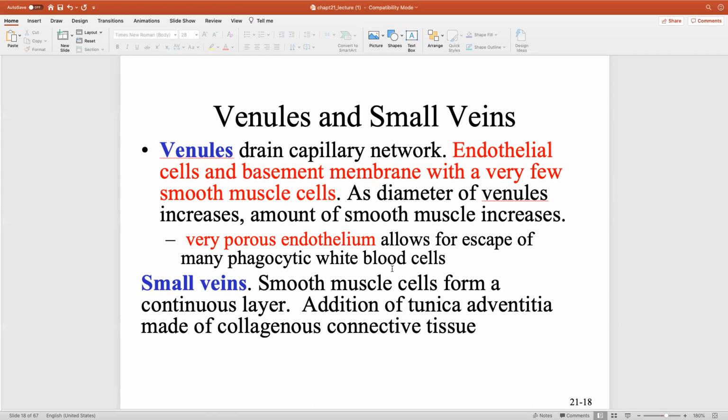Now, that's a bad part of the porous venule. The good part is that, because they're porous, white blood cells can exit in those regions and go to regions where infections occur. The venules then drain into veins, the small veins. At the small vein level, we see all three layers, but they don't have a very big layer of smooth muscle.